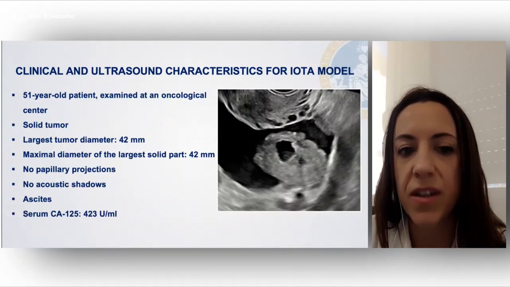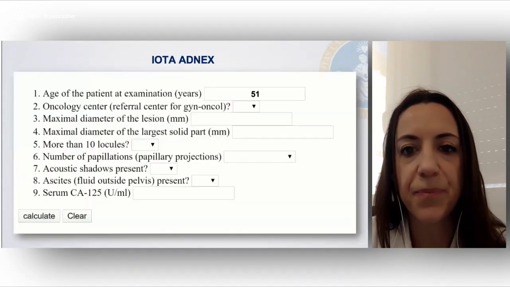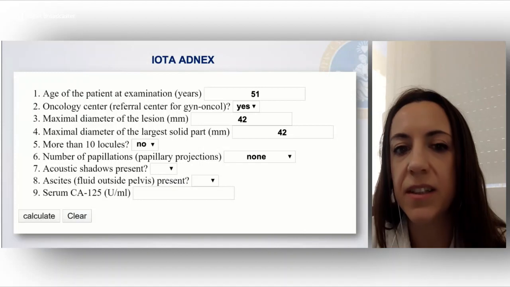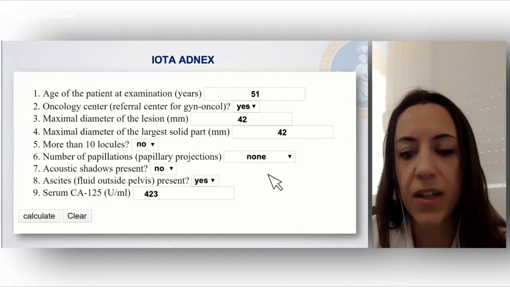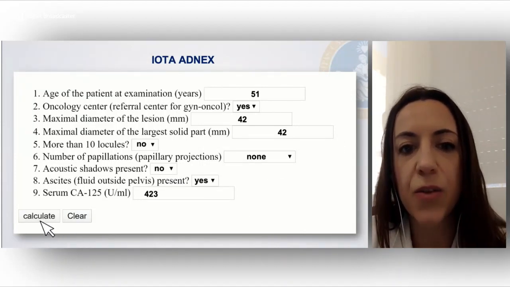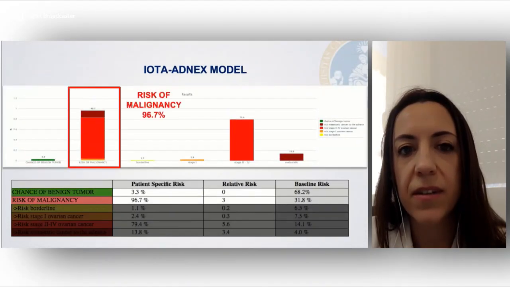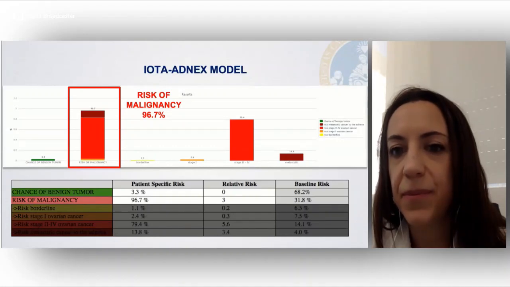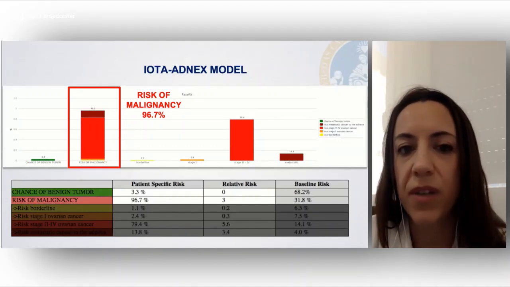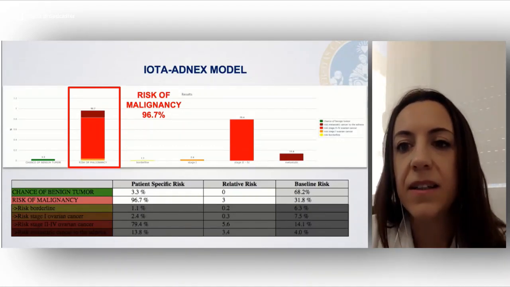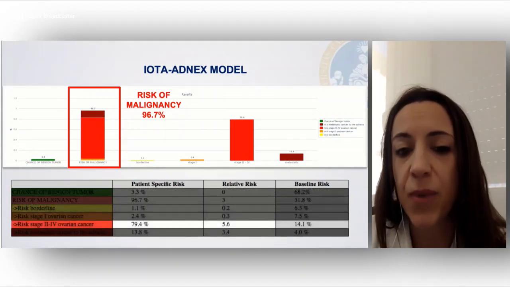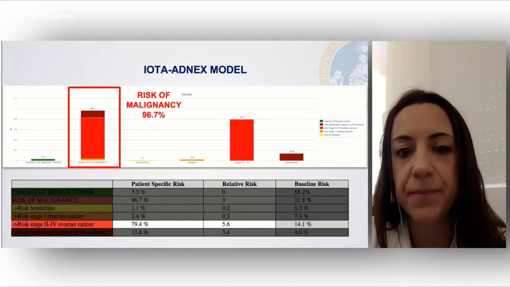The CA125 was 423. So after plotting these variables into the model, we can calculate the risk of malignancy. That was very high. According to the ADNEX model, the lesion is malignant, and the highest relative risk was for advanced ovarian cancer.